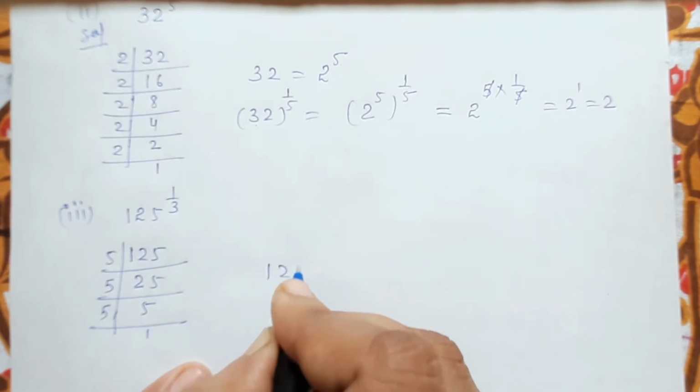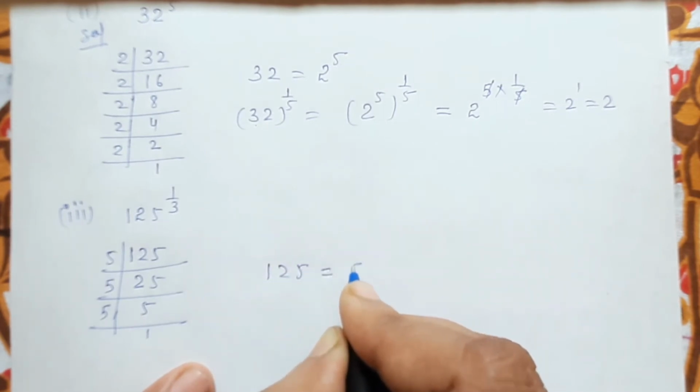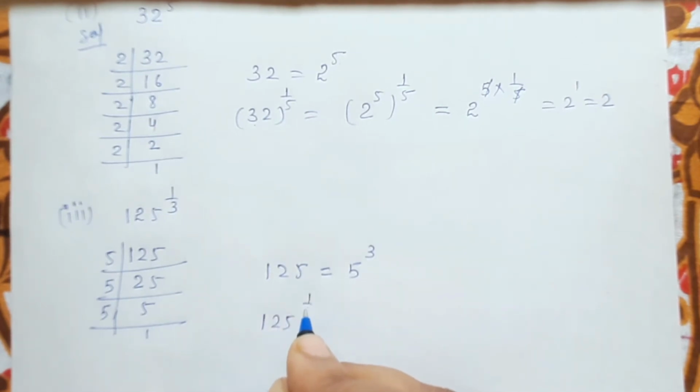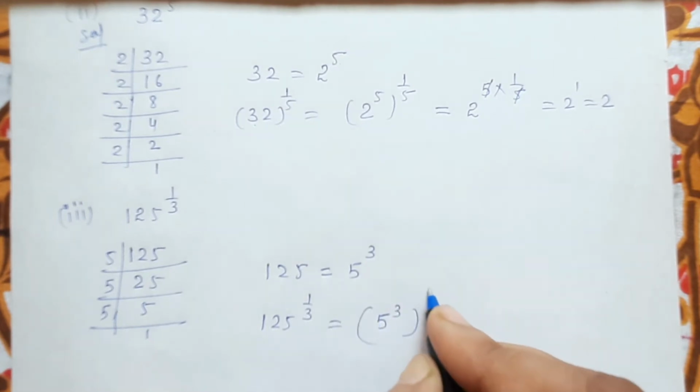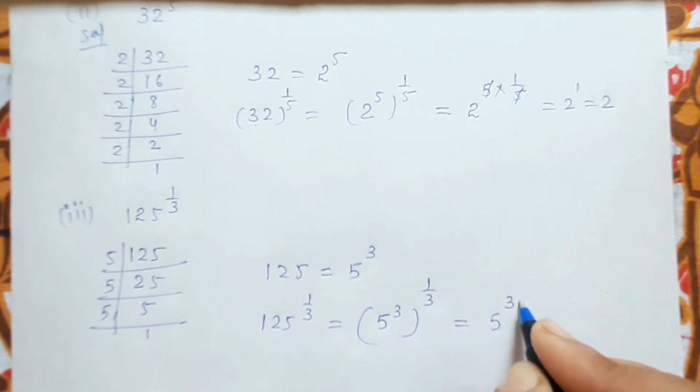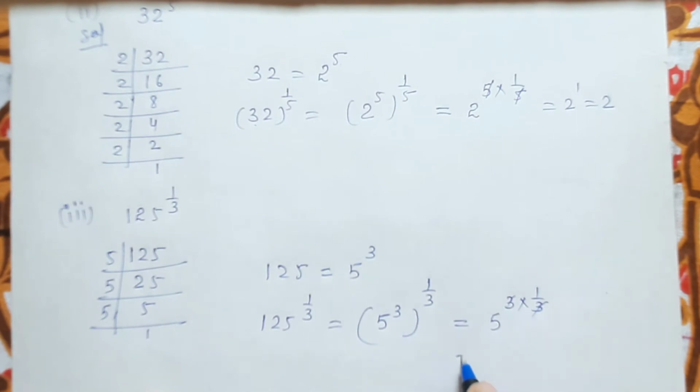So 125 is equal to 5 raised to power 3. Hence 125 raised to power 1 by 3 is equal to 5 raised to power 3 and whole power 1 by 3. 3 into 1 by 3, both cancel. Then answer is 5.